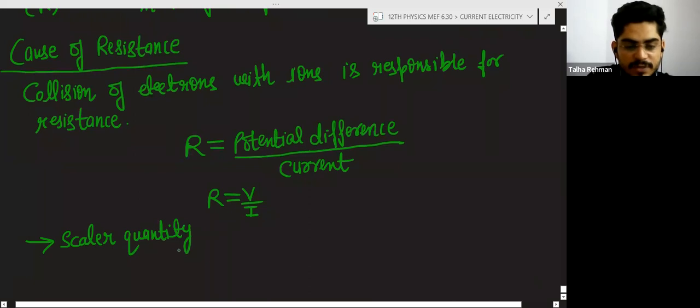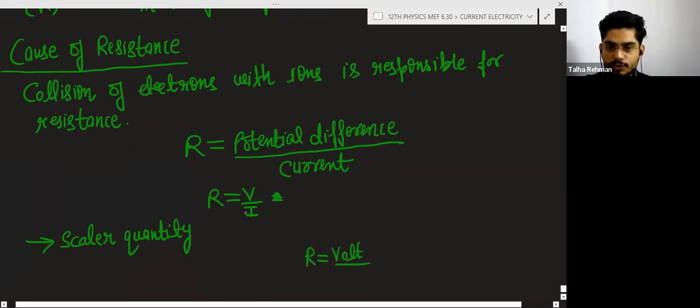And the unit of resistance: the unit of potential difference is volt, and the unit of current is ampere. Volt per ampere is a new term known as ohm.